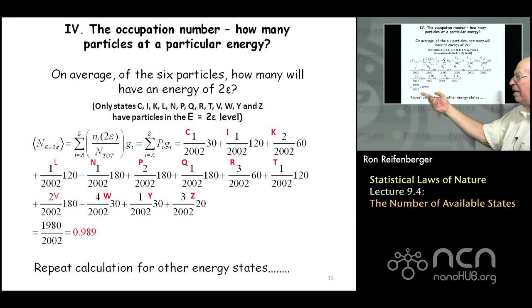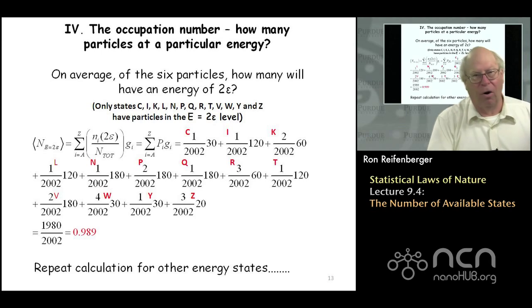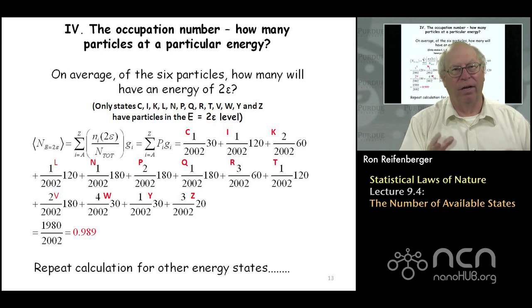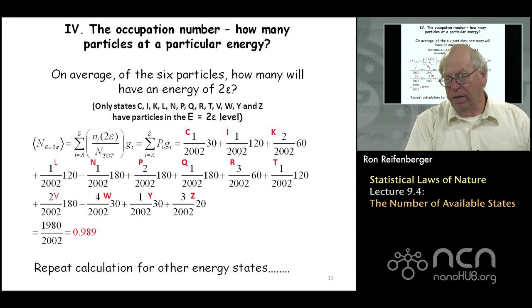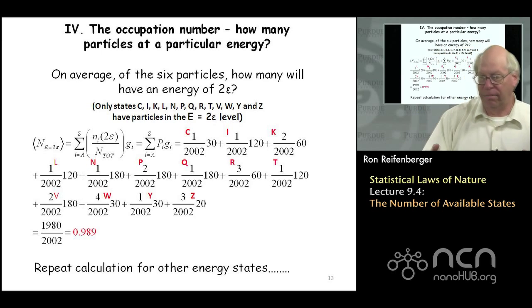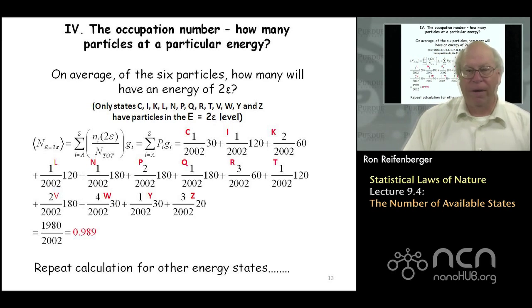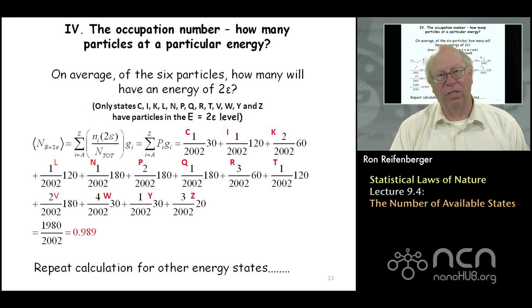You work this out and you find out that on average there's about 0.99 particles which would have an energy of 2 epsilon. So if you just reached in and grabbed out a particle, the average number of particles that you would find in that 2 epsilon state would be very close to 1, about 0.99. And you can repeat this calculation for the other energy states.